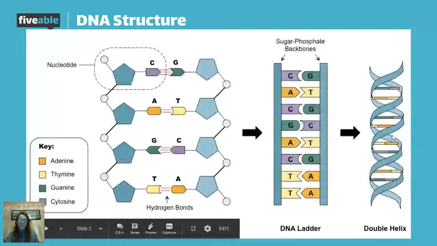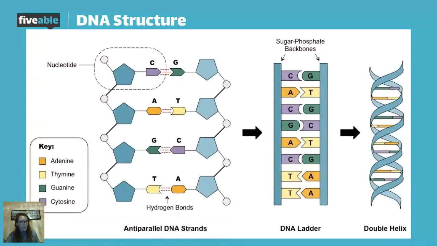I should have also mentioned here, this is a sugar-phosphate bond, right? Sugar-phosphate backbone is what they call this because of sugar-phosphate binding. Very straightforward. These bonds are really, really strong, these phosphate bonds, much, much stronger than the hydrogen bonds that these bases have between one another. And that's really important as well because every time we go to replicate DNA or every time we go to transcribe DNA in order to make protein, we're cutting apart these hydrogen bonds.